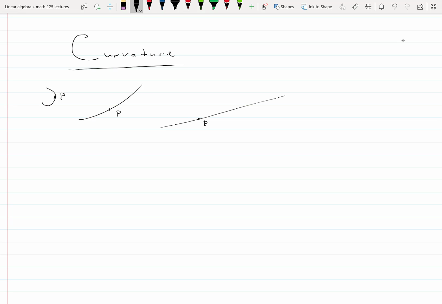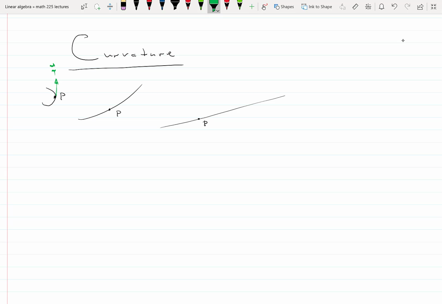But I want to put curvature in the context of the quantities we've been dealing with so far, namely the unit tangent vector. So what am I talking about here? I'm going to use green to draw a unit tangent vector at the point P on the first curve. So here's the unit tangent vector, a tangent vector of length 1.